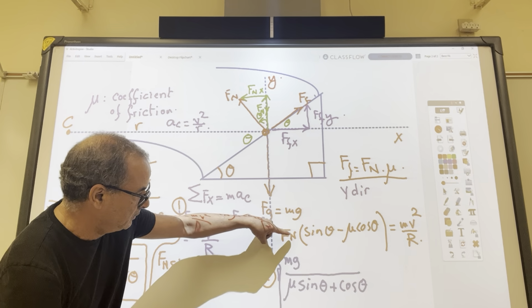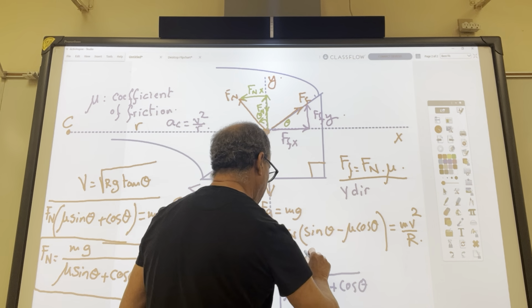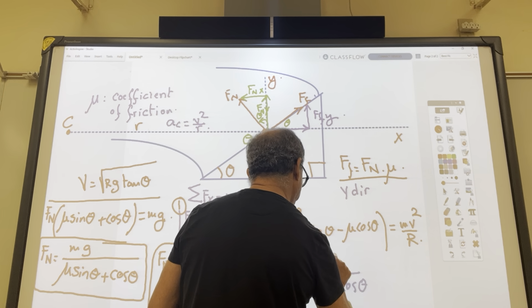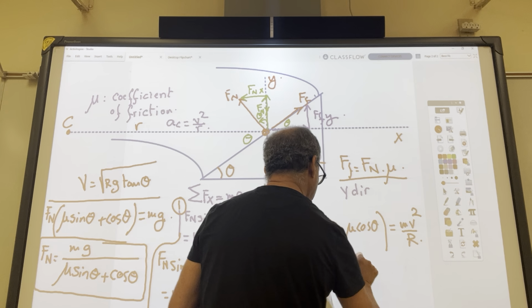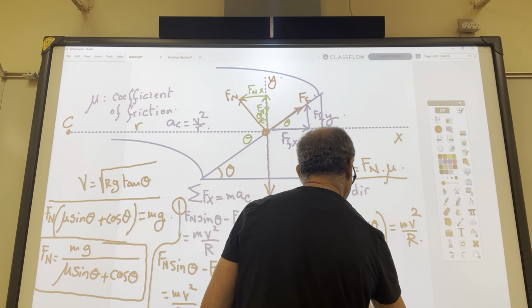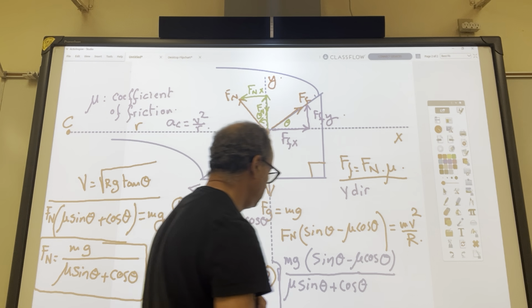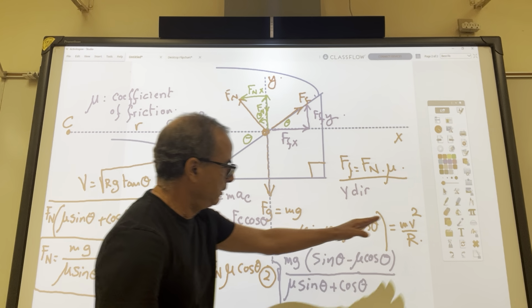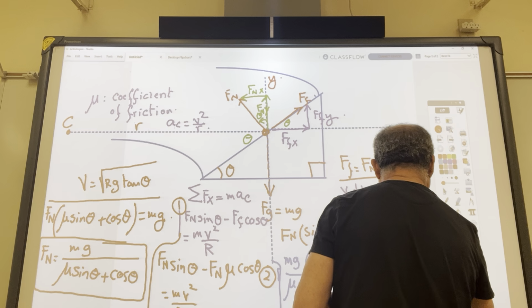That's the Fn. Now I'm going to multiply that by sine theta minus mu cosine theta, and equals mv squared over r.